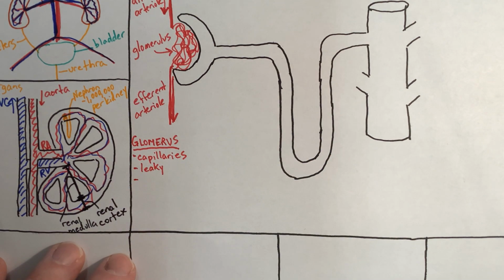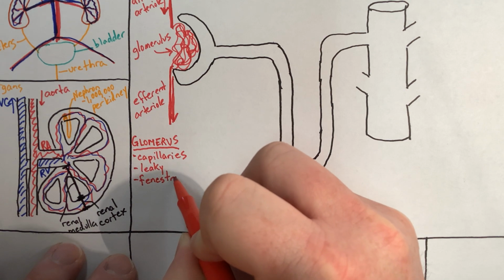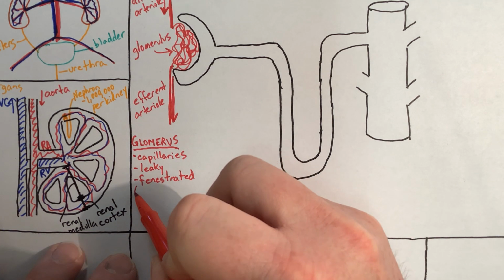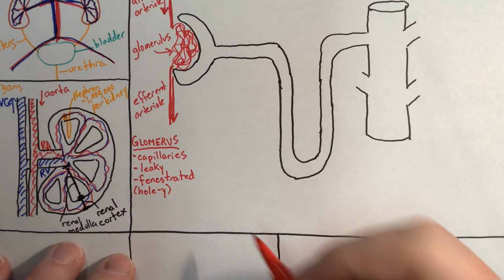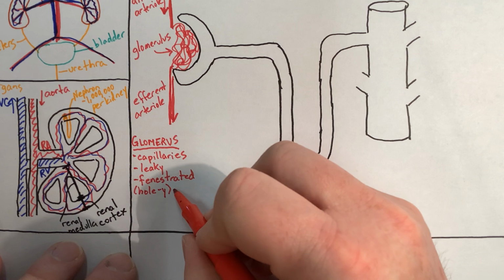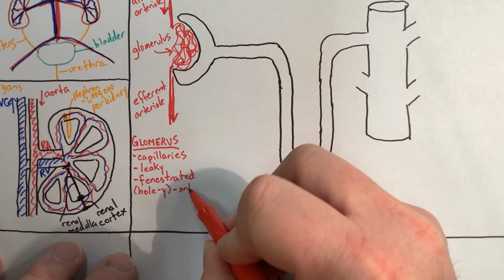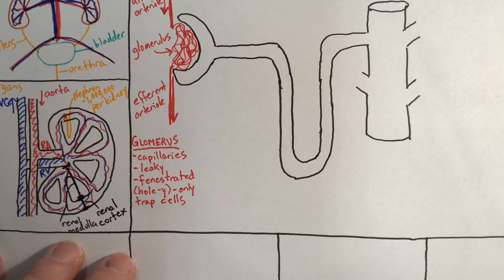The reason that these capillaries are leaky is because they're fenestrated, and fenestrations are like holes. So let's say we're going to call them holy. These are some holy capillaries, and everything passes out of those capillaries except cells. So these fenestrations are really big, and the only thing that doesn't pass through is cells, like red blood cells, but everything else passes through.